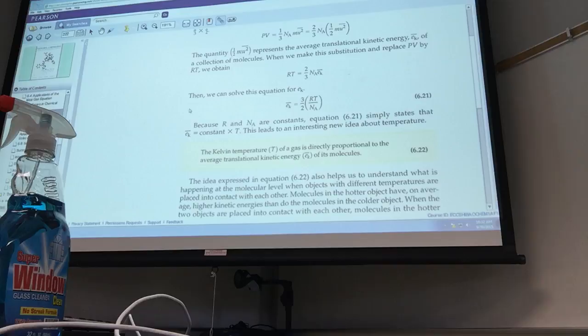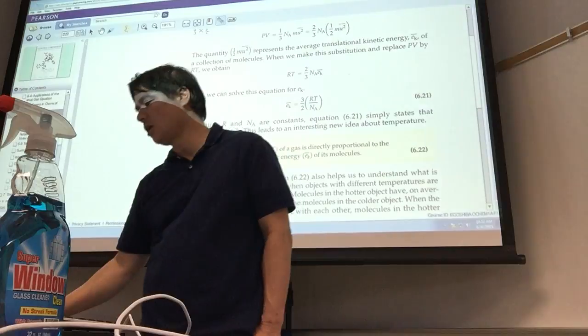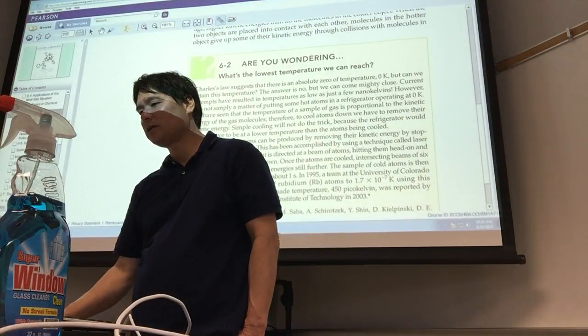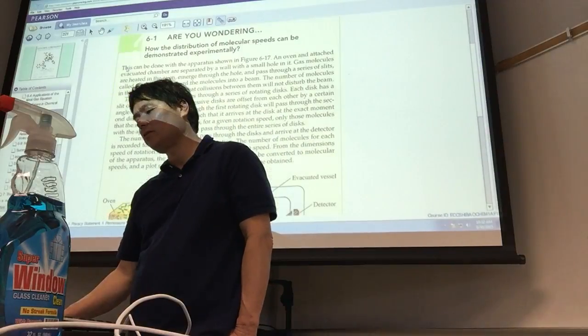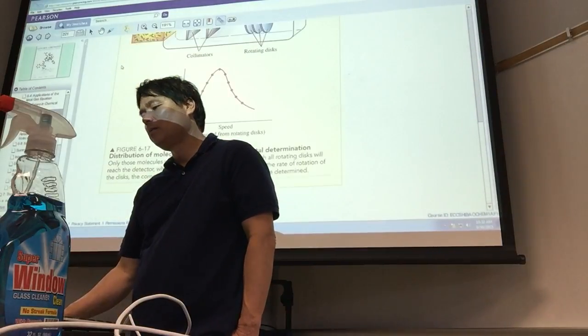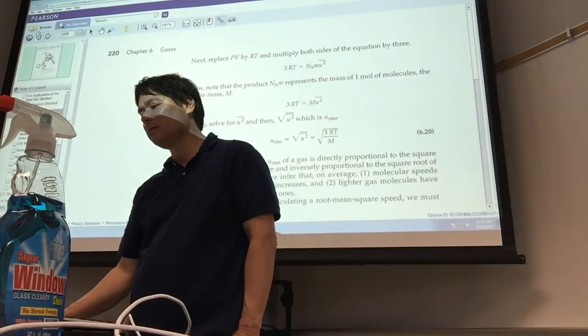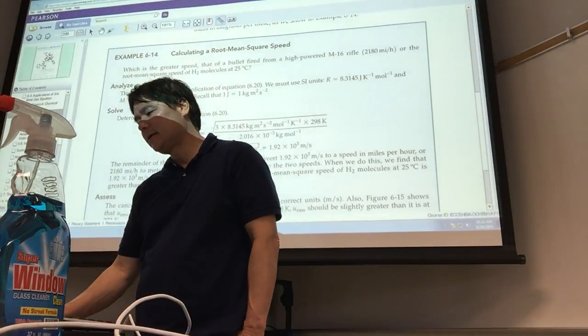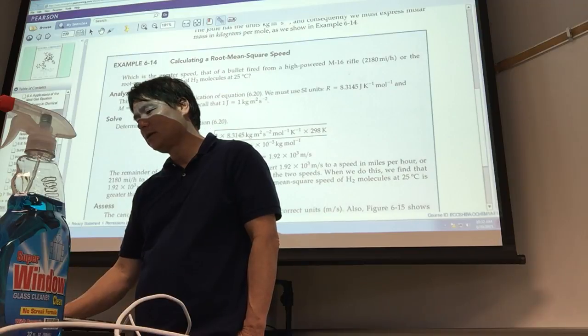There are two ways we could do this. We could use this equation, but there's one more equation you should know: URMS. We aren't going to figure out the whole distribution of speeds, but we want to know how to determine URMS. That's equation 620.